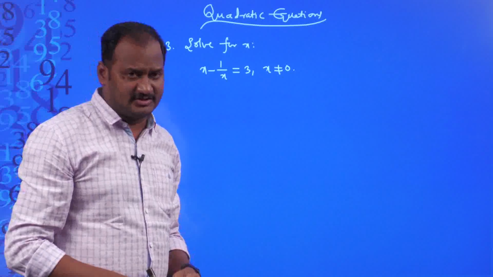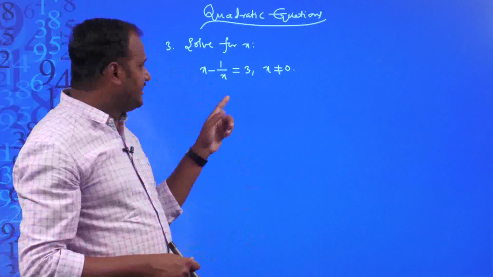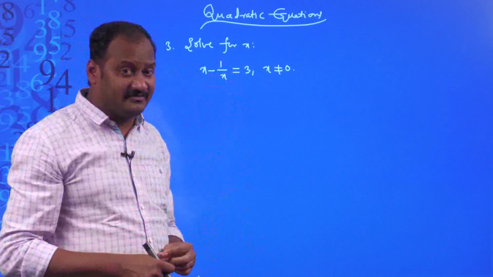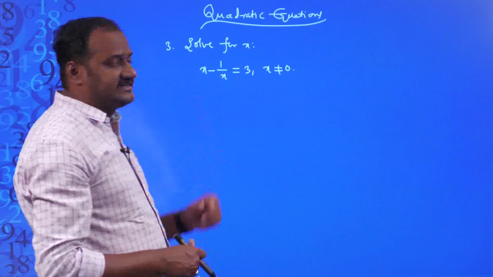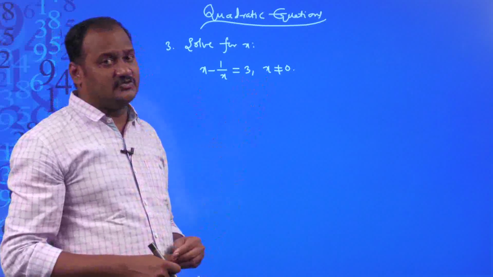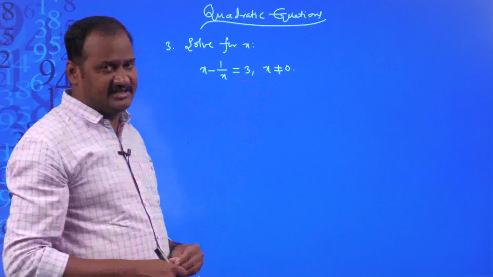X is not equal to 0. What happens when x is equal to 0? Here it is okay, but if x is equal to 0, 1 divided by 0 is undefined. That is why x is not supposed to be 0. So, that was the condition for the given problem to be defined. That is why that condition is given, right.